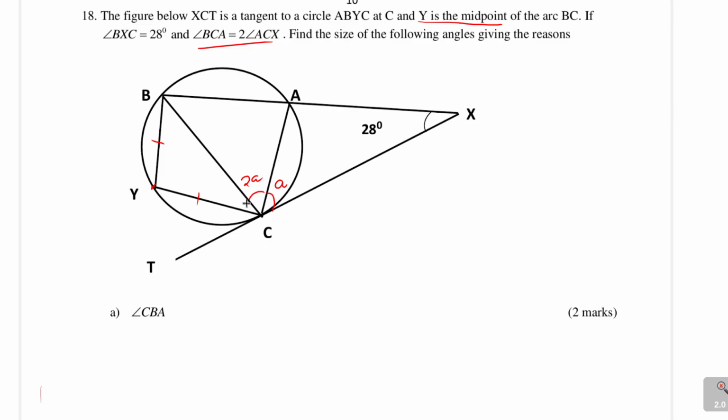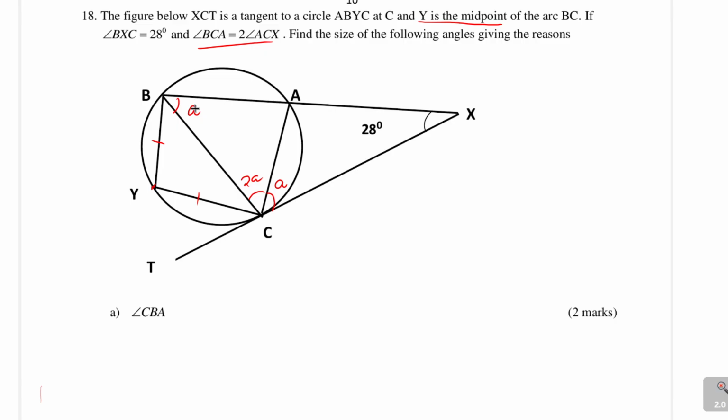Look at this angle here, angle ACX, that is angle A. Considering that this is the tangent, and there is this segment and this segment here, angle ACX is in the alternate segment with this angle, and therefore this angle is also A. So those angles are equal.